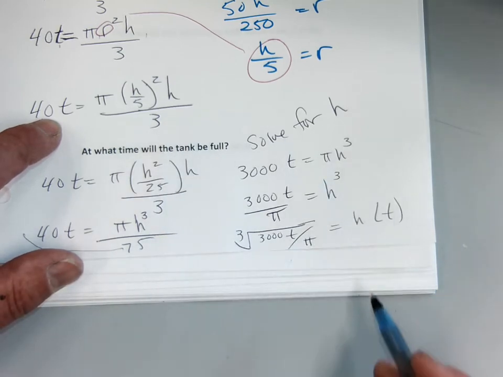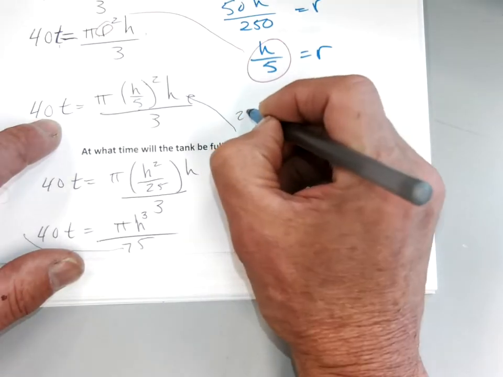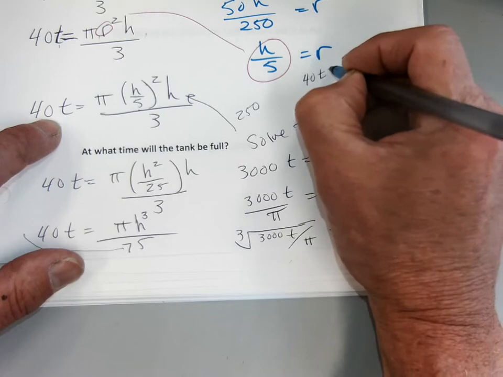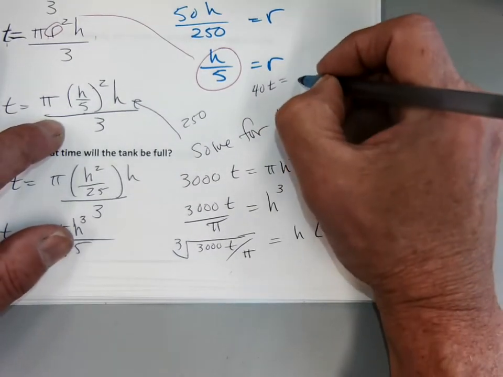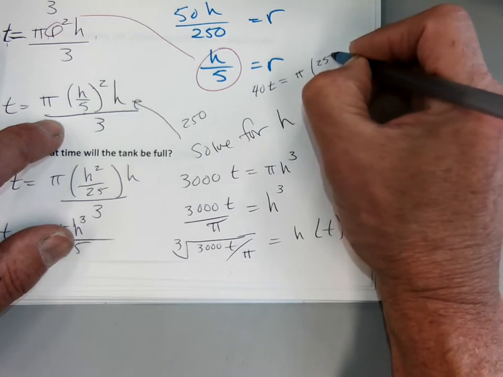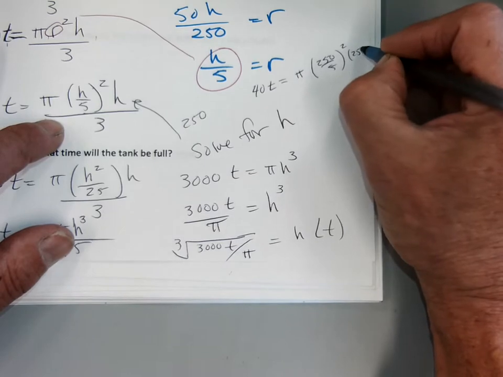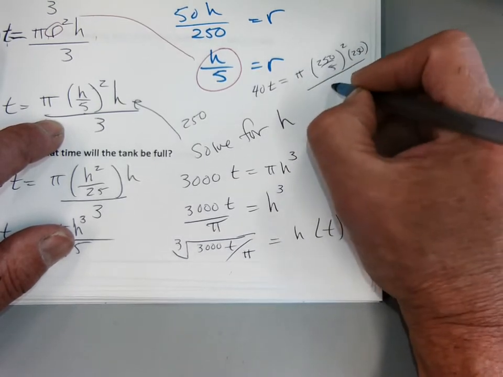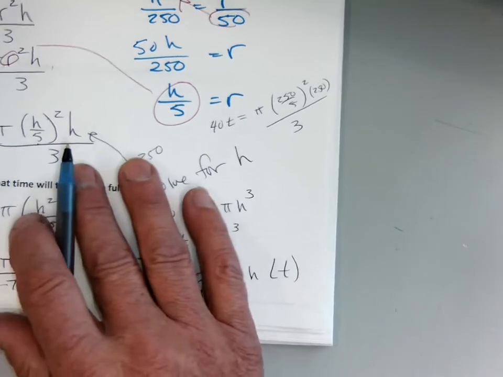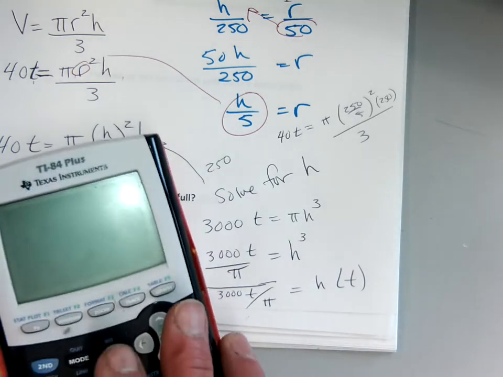Okay, so if I put the 250 in here for height, I'm going to have 40t equals pi times my 250 over 5 squared times my 250 divided by 3. I'll wait for you. I'm going to need my calculator to do this.